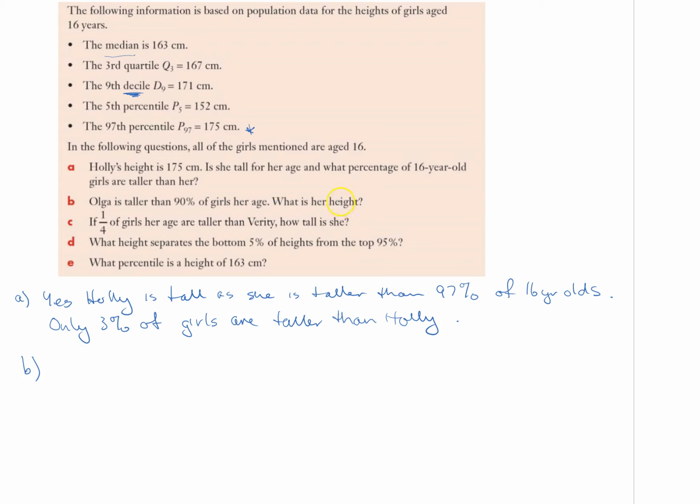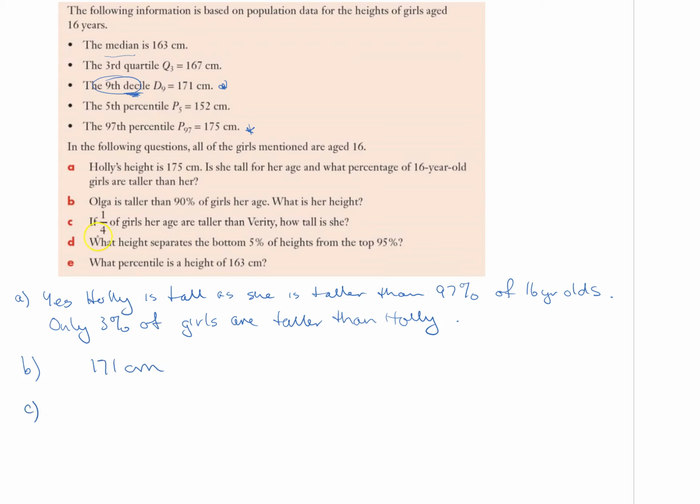What is her height? So 90% is the equivalent of the 9th decile. So at 9th decile, we're here. 9th decile, 90%. What is her height? She would be 171 centimetres.